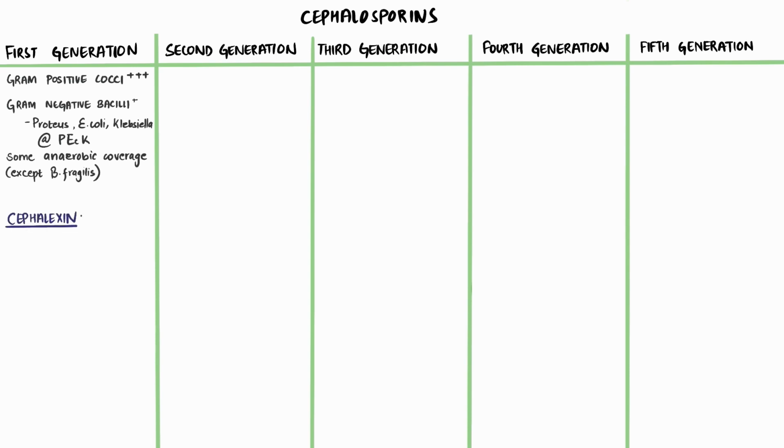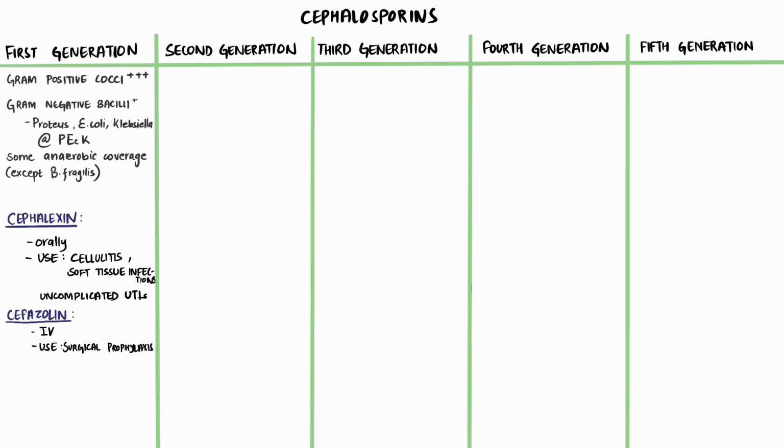It's given orally. It is used for cellulitis or soft tissue infections and also in uncomplicated urinary tract infections. The other important drug is cefazolin. It is given IV and it is the drug of choice for surgical prophylaxis to prevent staphylococcal wound infections. The other drugs include cefadroxil and cefradine.